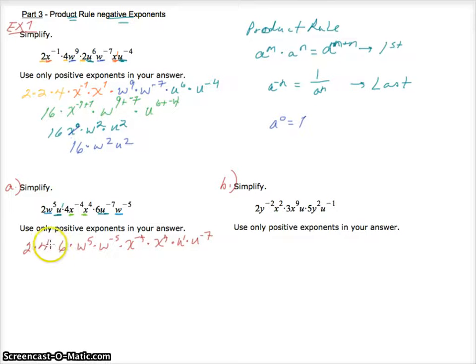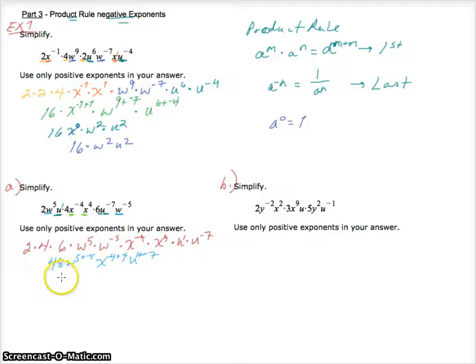This all reduces down. 2 times 4 is 8, times 6 is 48. W, 5 plus negative 5. Guess what's going to happen here? X to the negative 4 plus 4. Guess what's going to happen here? U, 1 plus negative 7. This part's something we haven't seen before.